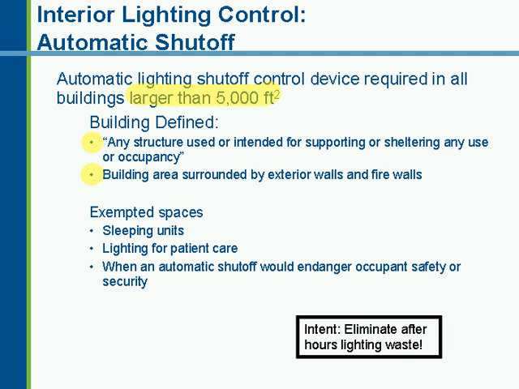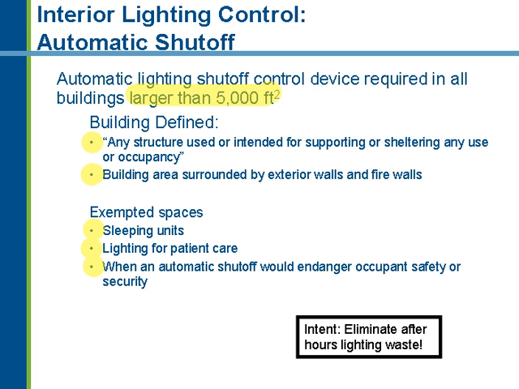There are some other exempted spaces. Again, sleeping units we've talked about would not have to have this control. If you have areas with patient care, you don't want to have automatic control to shut off lights when they need to be on. Those would be exempted. If you have any other areas where there might be an occupant safety or danger situation, for example, a mechanical room where someone might be in the back maintaining some equipment, you don't want the lights going off on them if there's running equipment around them.